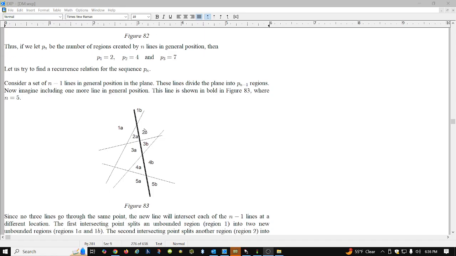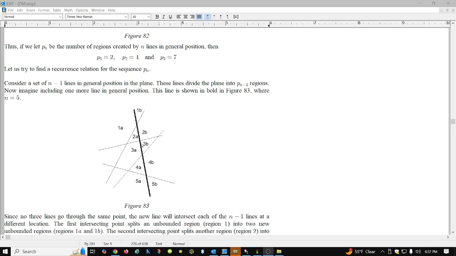The first intersecting point, which should be right here, splits an unbounded region into 2. So it was region 1 up here, got split into 1A and 1B by this line. It's the first time the new line intersects one of the existing lines.